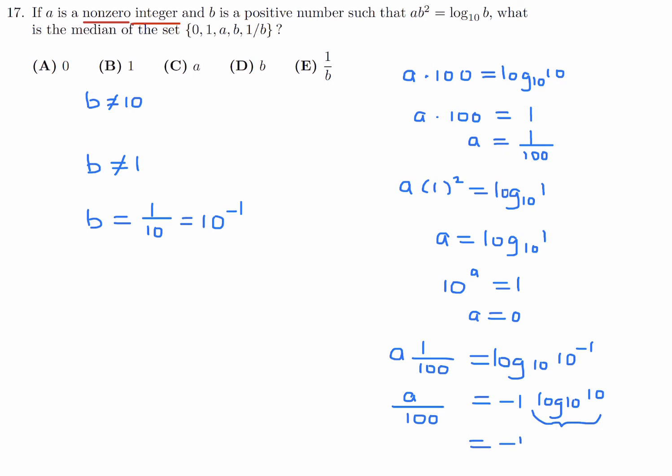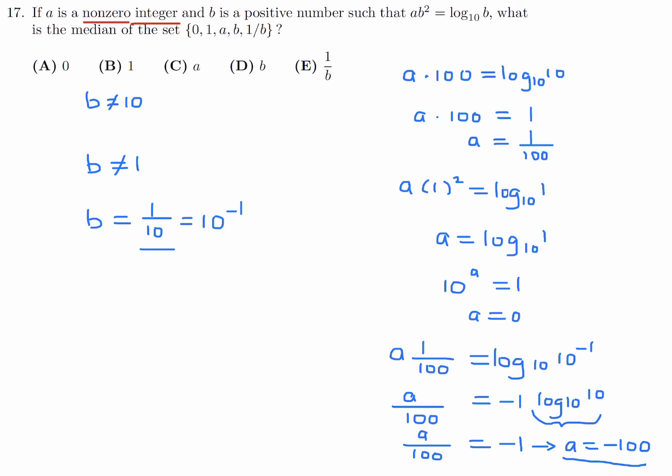And this is just 1, so this just becomes negative 1, equals A over 100. And therefore, A is equal to negative 100. Is that good? Yeah, that's an integer. It's a negative, but it's an integer. So we got A as a non-zero integer right there. And is B a positive number? Yes, it's positive. So there we go. We got a condition that makes the statement in the question hold true.